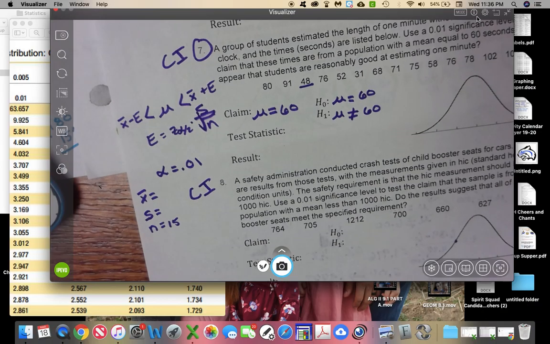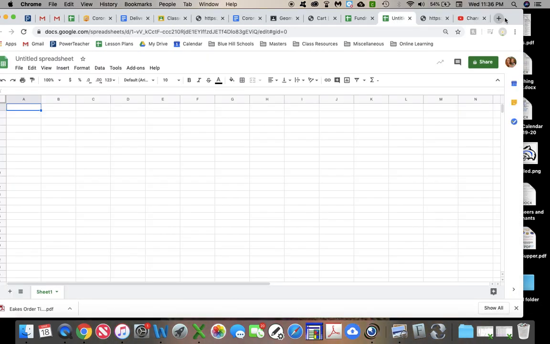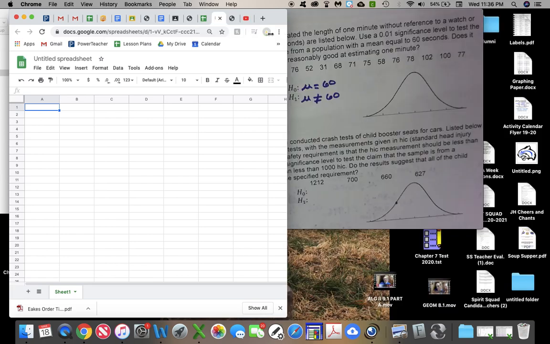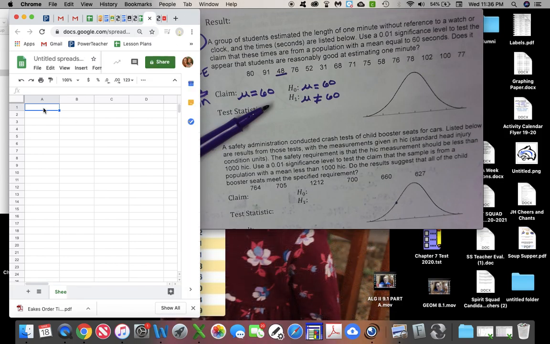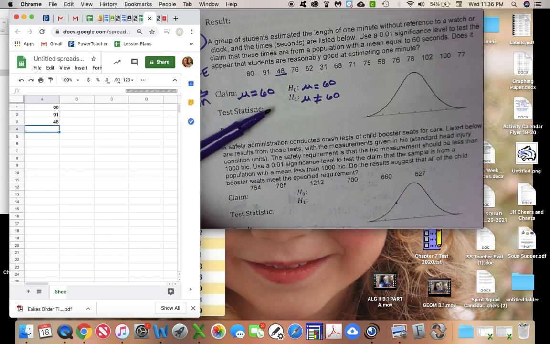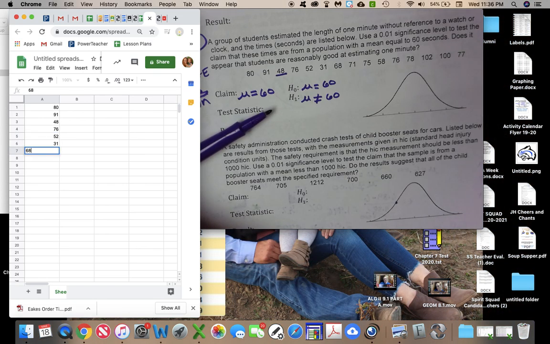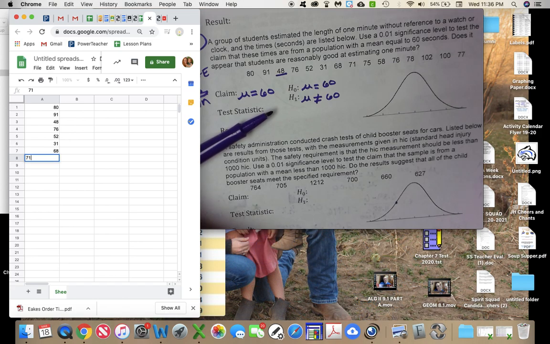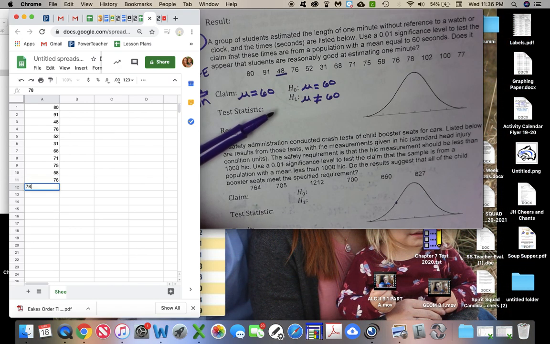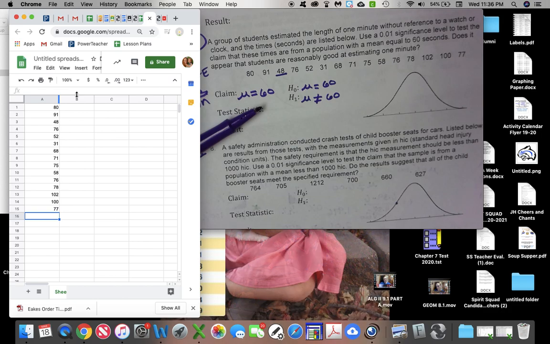This is where my handy dandy computer comes into play, because I am going to take my spreadsheet out and type these numbers in, and then have it find the standard deviation for me. So 80, 91, 48, 76, 52, 31, 68, 71, and so on.